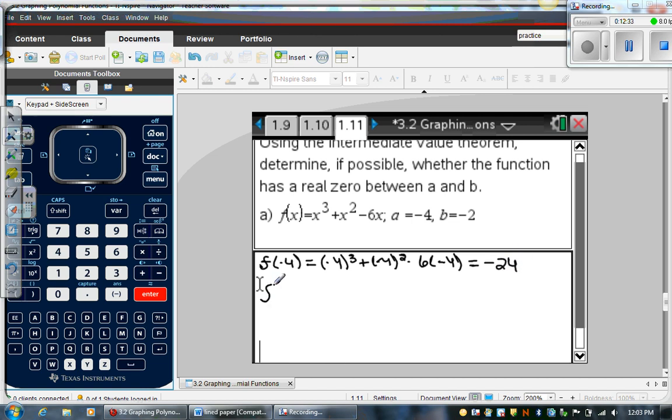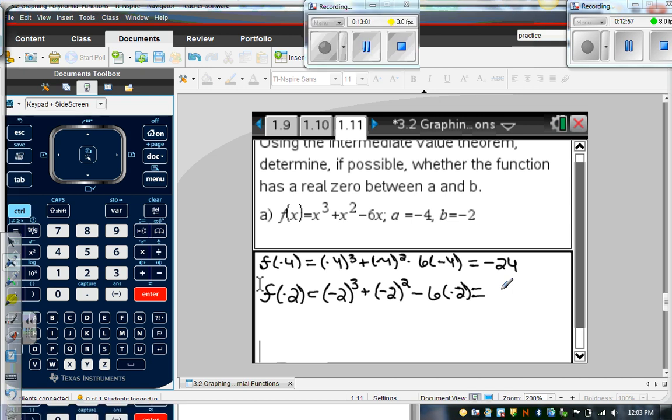Okay. And the next thing we're going to do is find f of b. B in this case is negative 2. So again, we plug that in. And when we plug that in, we get a value of 8.